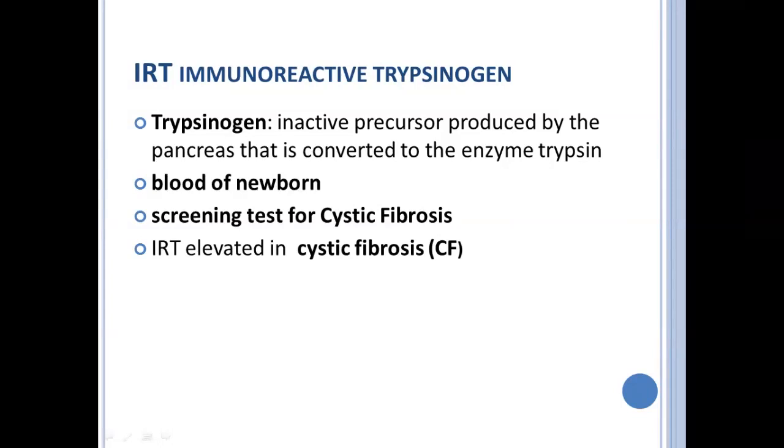So, anong nangyayari doon sa cystic fibrosis? The pancreatic ducts are partially blocked, leading to the abnormal enzyme drainage. Hindi makalabas. So it goes into the blood, kaya mataas sa blood. This is elevated in the blood in cases of cystic fibrosis.